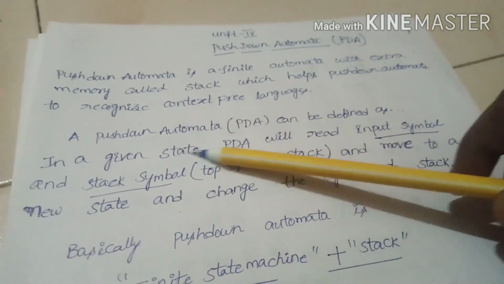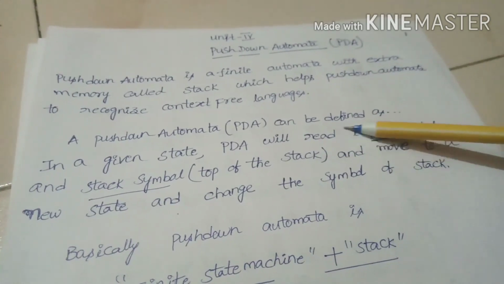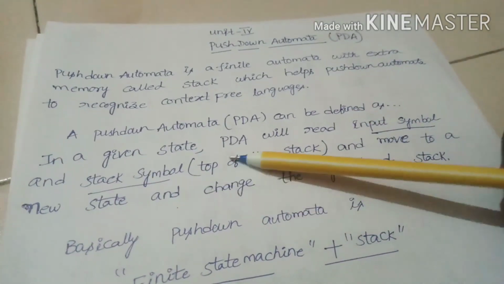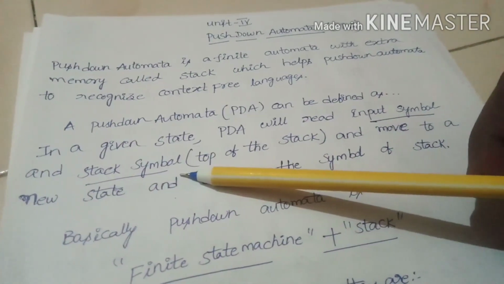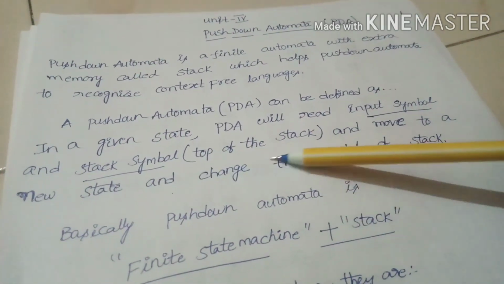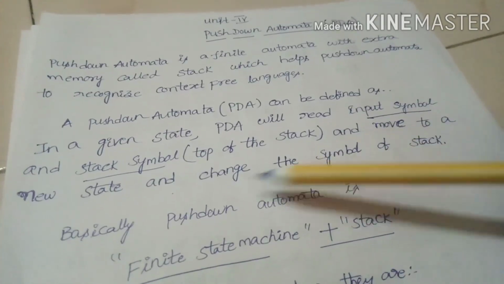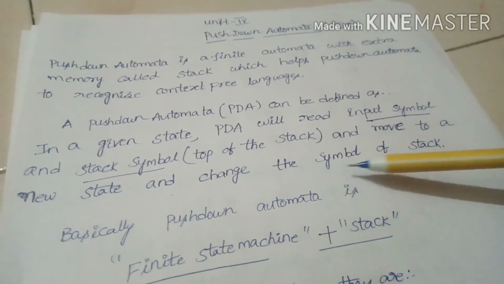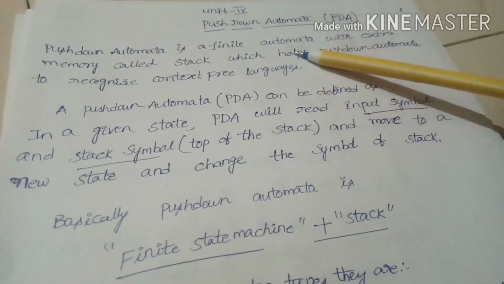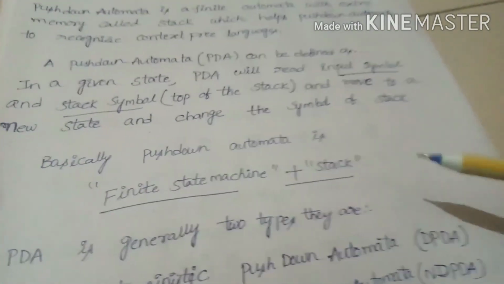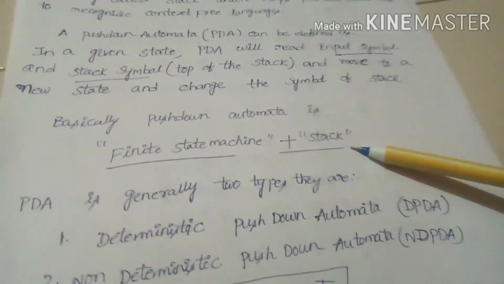The pushdown automata can be defined as follows: in a given state, the PDA will read an input symbol and the stack symbol, that is the top of the stack, move to a new state and change the symbol of the stack. Basically the pushdown automata is a finite state machine plus stack.